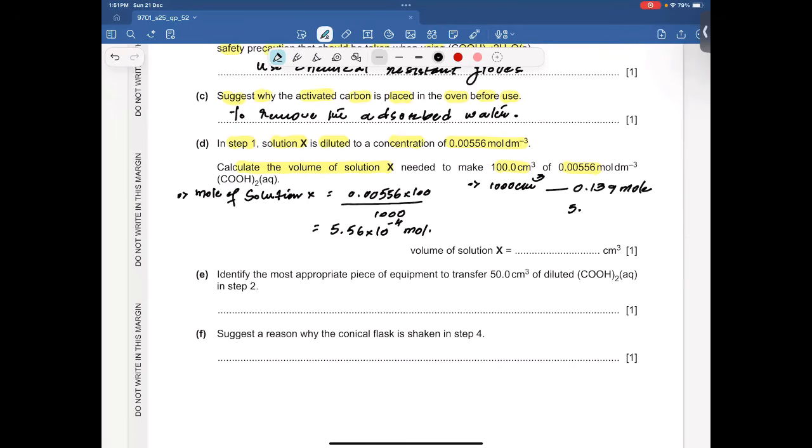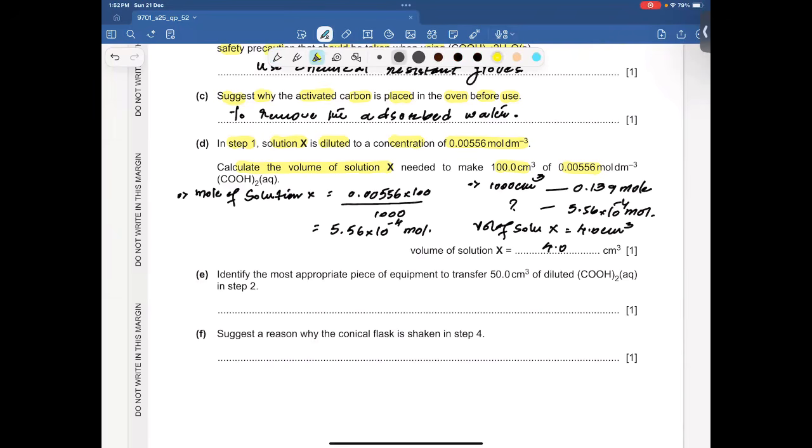So if we have calculated 5.56 into 10 to the power minus 4 moles, the volume is going to be how much? 4.0 cm cube. So 4.0 cm cube is the right answer.